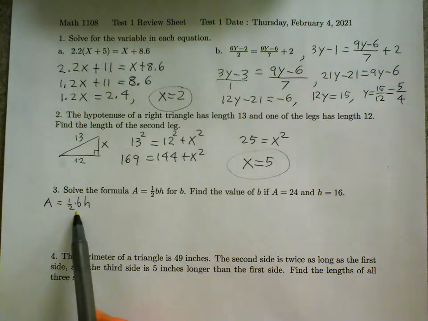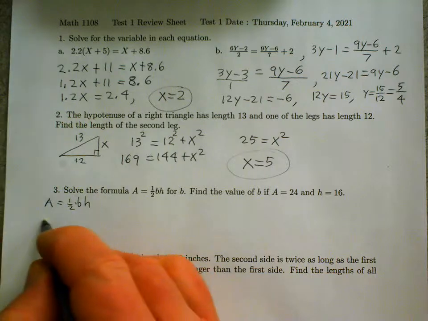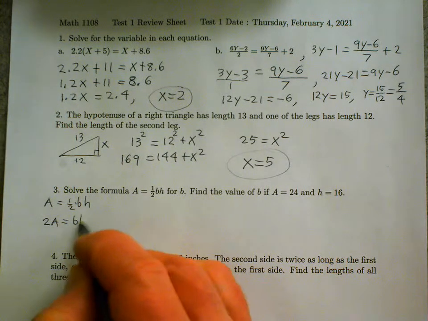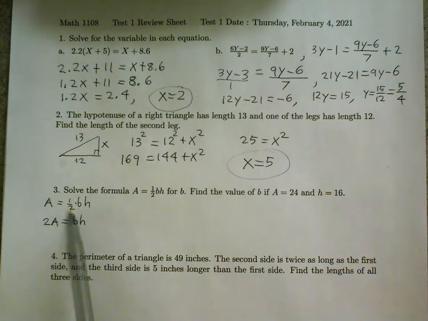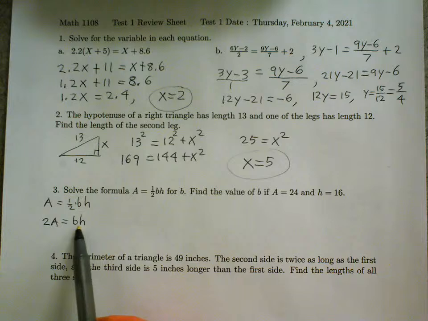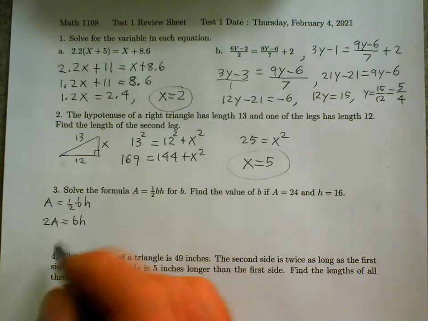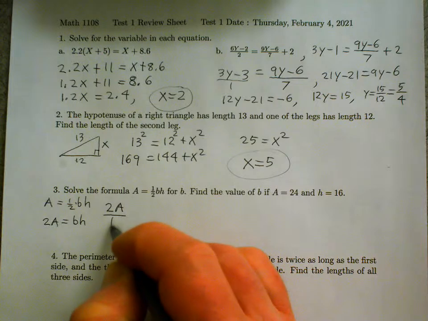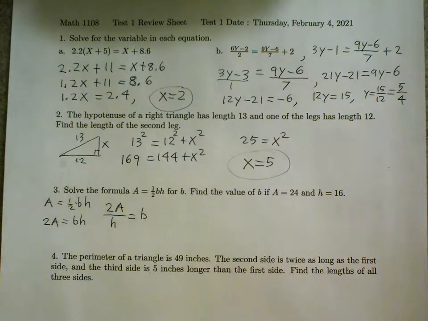So if we multiply both sides by 2, we get 2A equals b times h, because 2 times 1/2 is 1. And then divide both sides by h. And we get 2 times A divided by h equals b.